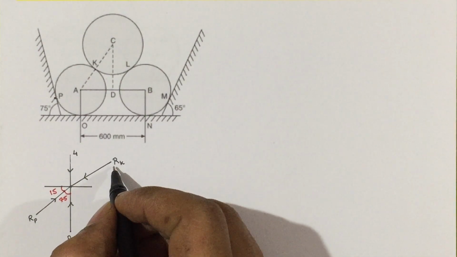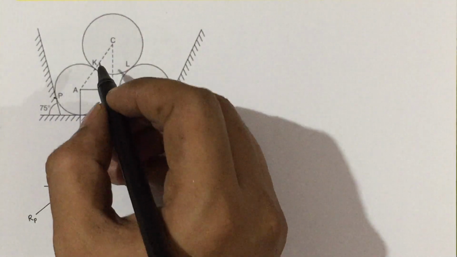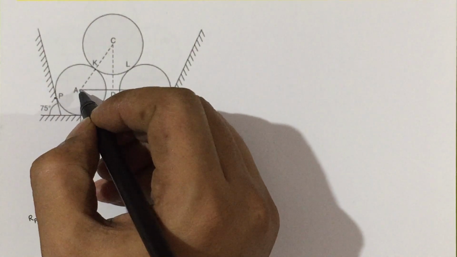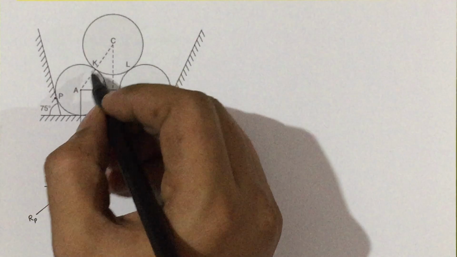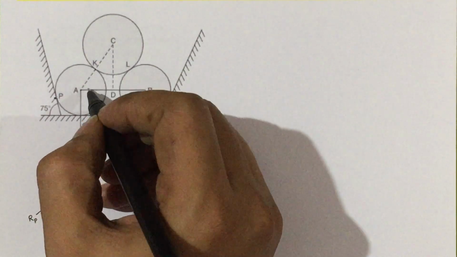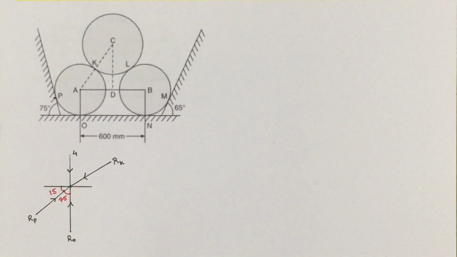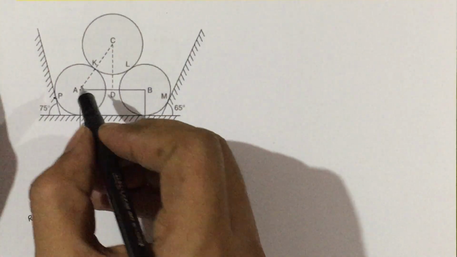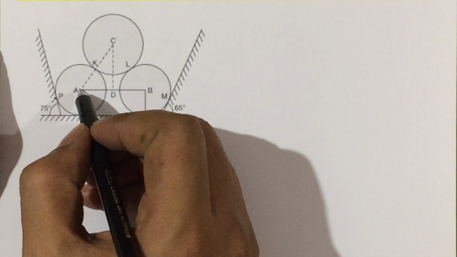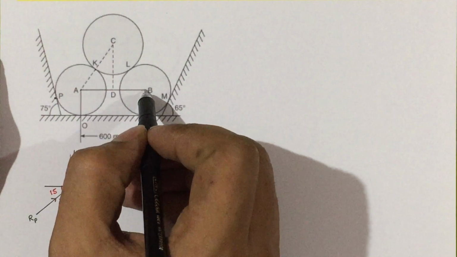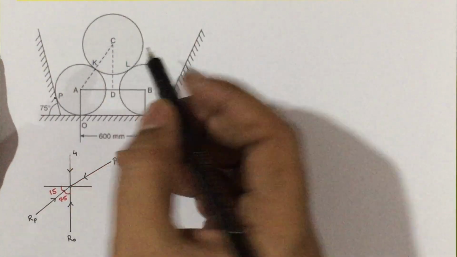Then it is RK, nothing but the line joining the midpoint of A ball as well as C ball. So, the angle is not given here, we need to calculate. First join the line, join the center point of A ball, B ball and C ball.